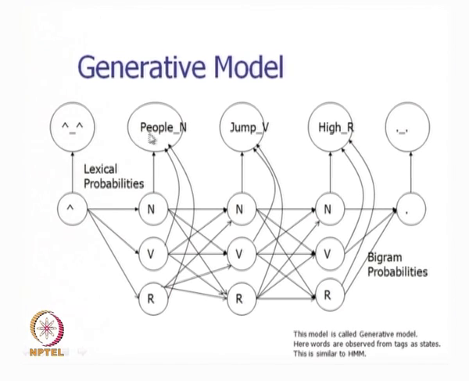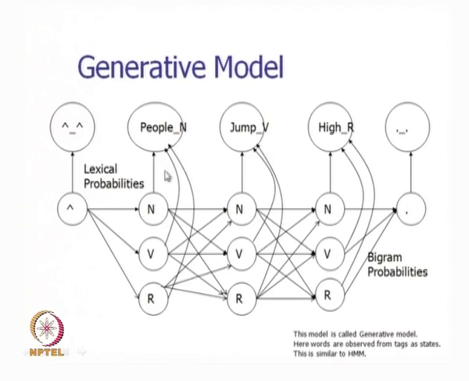If we have this sentence, people jump high, preceded by a sentence beginner hat and the sentence ender dot, then we have here the tag hat for the first symbol, which is hat, and the dot tag for the last symbol dot. In between we have noun, verb, adverb for people, noun, verb, adverb for jump, and noun, verb, adverb for high.